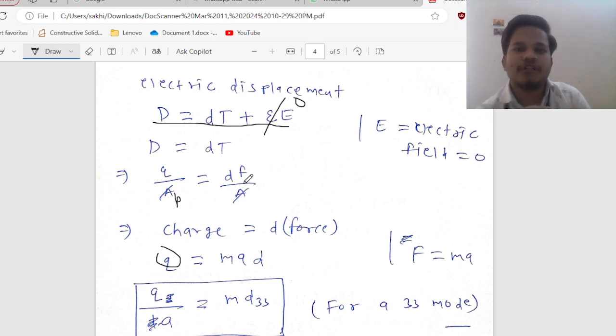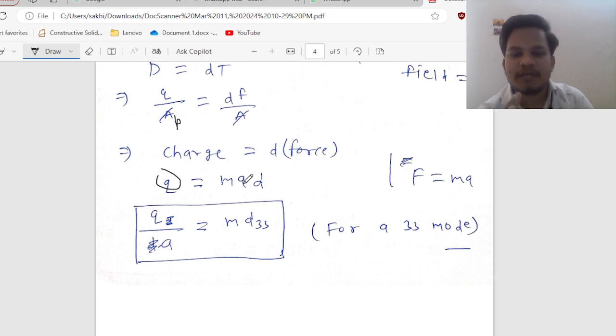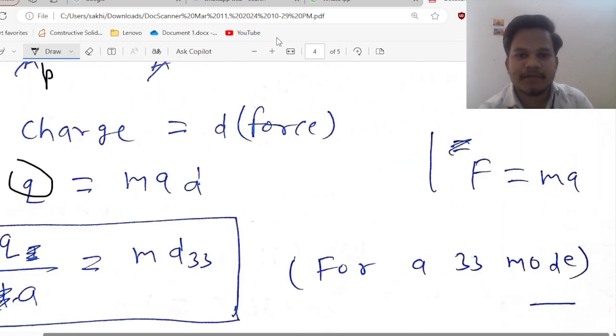If you want the actual derivation, in the later videos, as we are making many videos, I will discuss the derivation in those videos if you are interested. But this formula is still true for the learning purpose, right?